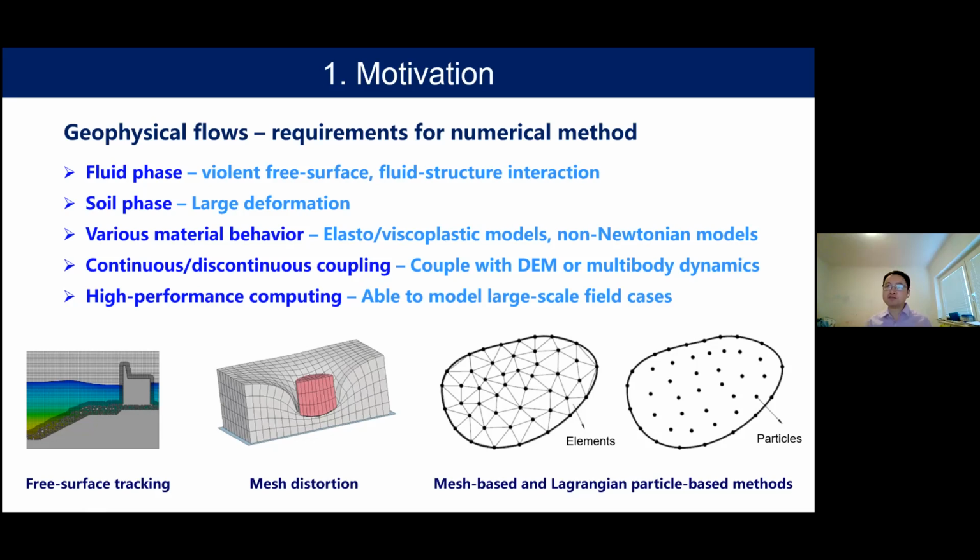The second is a deformable structure, which means that it can deform under the impact from the fluid phase. And the third kind is a floating structure, which can be considered as a rigid body, but its movement depends on the interaction. Its movement is not prescribed like a boundary condition.